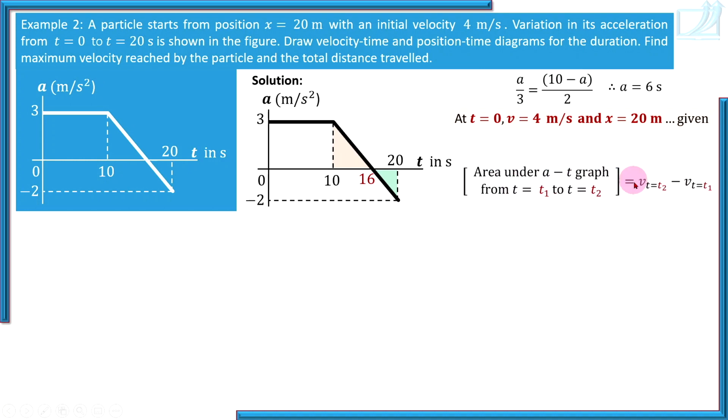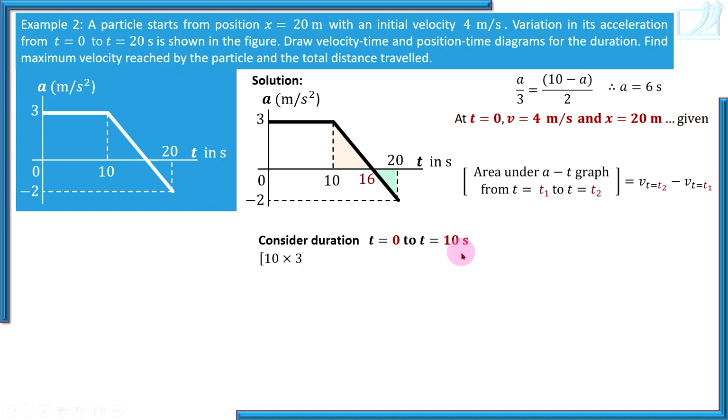So use this formula now to find velocities at important instants. So first time interval, time at which velocity is known, time at which velocity is to be found out, in the sense t equal to 0 to t equal to 10 seconds. So consider this duration 0 to 10 seconds.